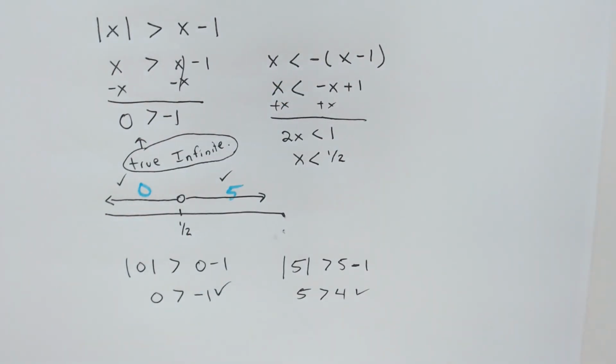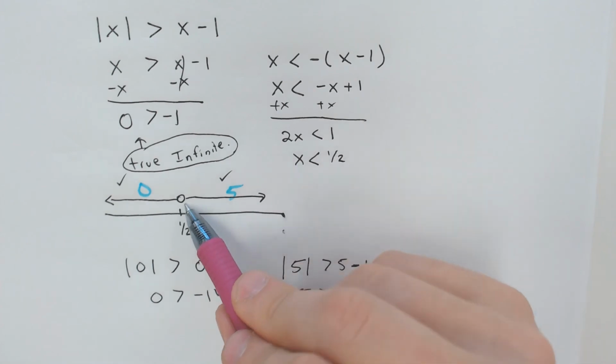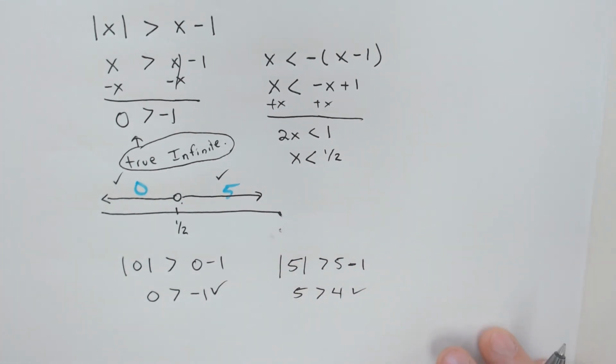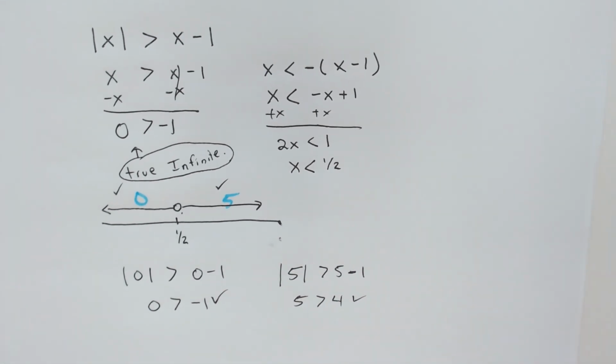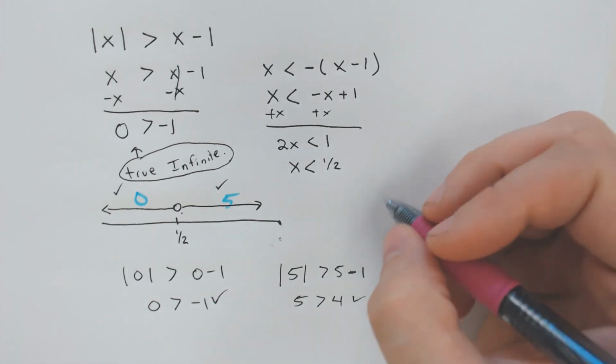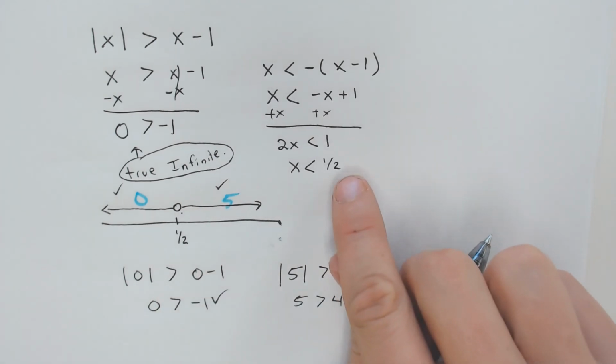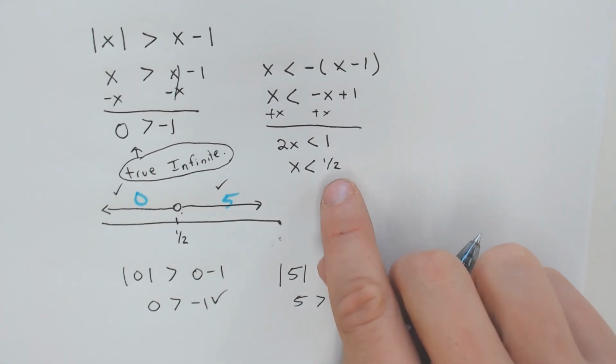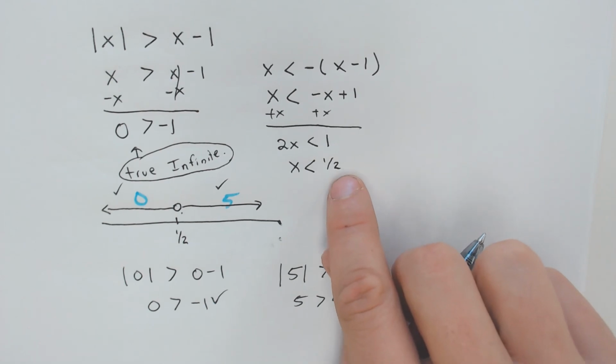The only question now is, that's a hollow circle. Does 1/2 work? Because maybe, just maybe, 1/2 is the only part of this entire infinite solution that doesn't work. So I'm going to plug in 1/2, which is normally something I do not do. I normally don't plug in the actual only answer I get.